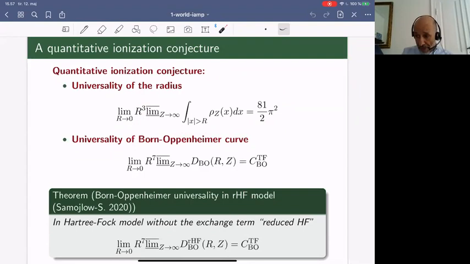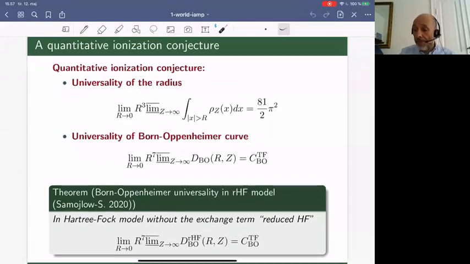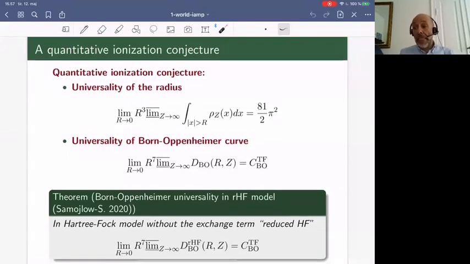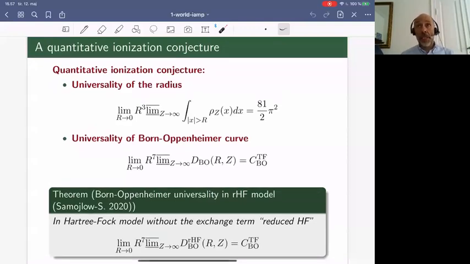In Hartree-Fock theory, I was able to prove this, but I believe it's actually also true for full many-body quantum mechanics, and it expresses this universality and the ionization conjecture in a quantitative way.